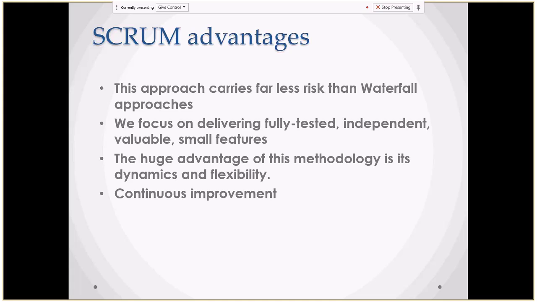Likewise, it enables the client and the development team to have feedback and discuss. That's the advantage. That comes to dynamism and flexibility. Client requirements might change from time to time, so we can adapt to that when we use Scrum, unlike the waterfall model. Continuous improvement, let's talk about it a little bit later.